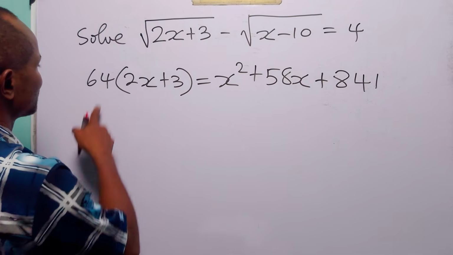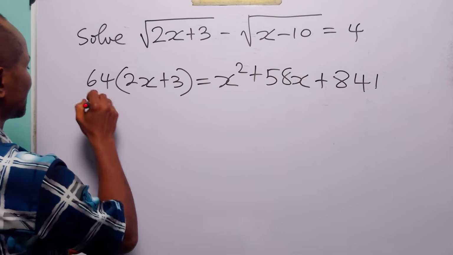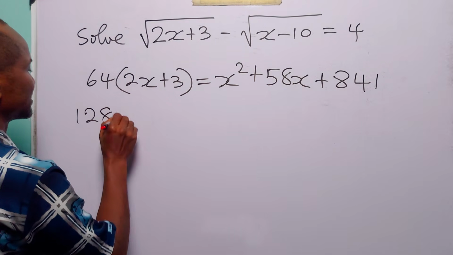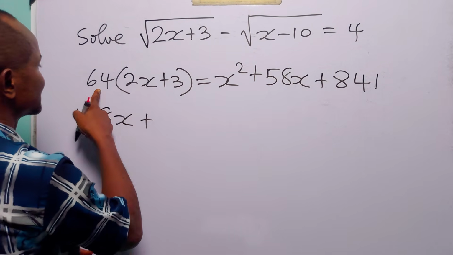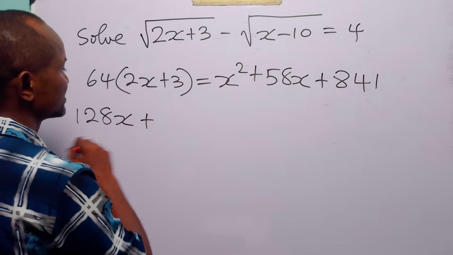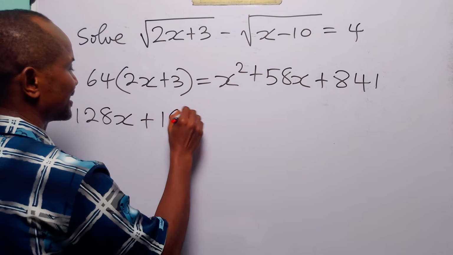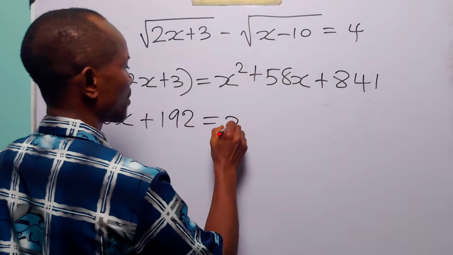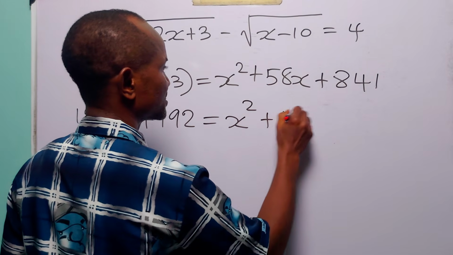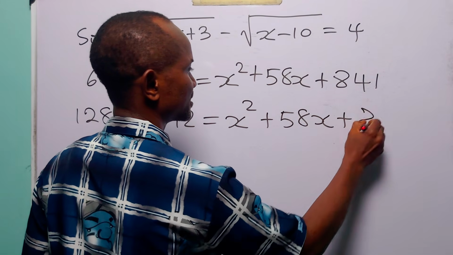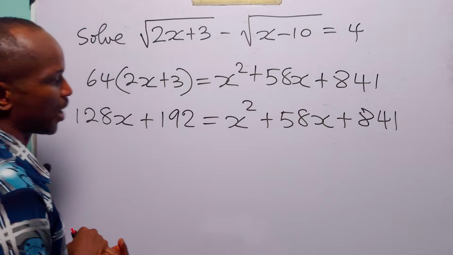Now, opening this bracket, we have 64 times 2x, that is 128x, plus 64 times 3 is 192. This is equal to x squared plus 58x plus 841.